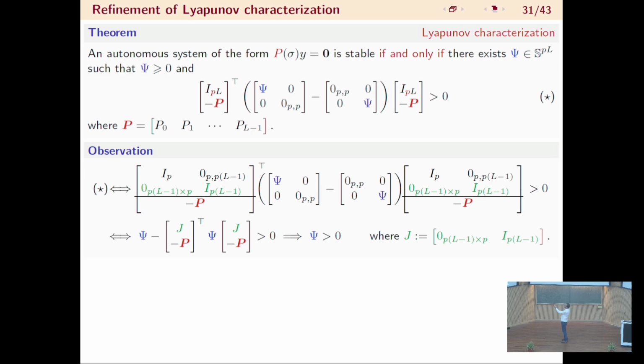I want to get rid of this structure here, which I didn't like. So I replace this structure by this structure, with the cost that this J is a constant matrix. They are just equal to each other, this big expression and this seemingly more compact expression.